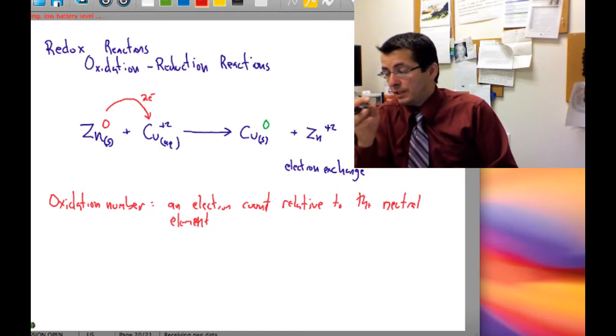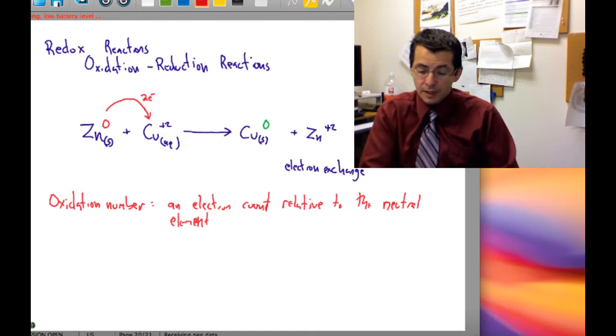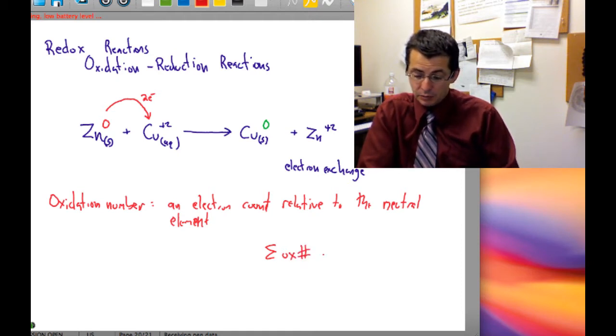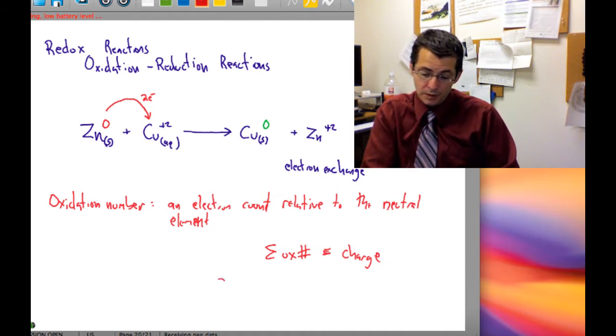So we can develop oxidation numbers. And it turns out that the sum of the oxidation numbers of all the elements in a compound will equal the charge on the molecule.